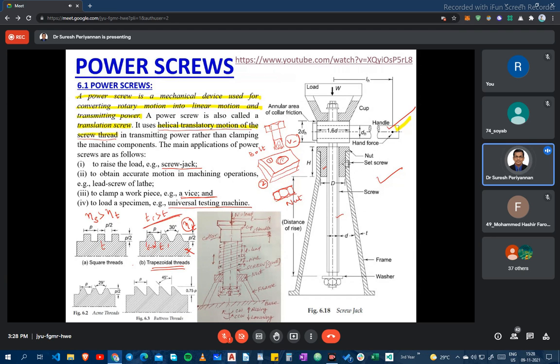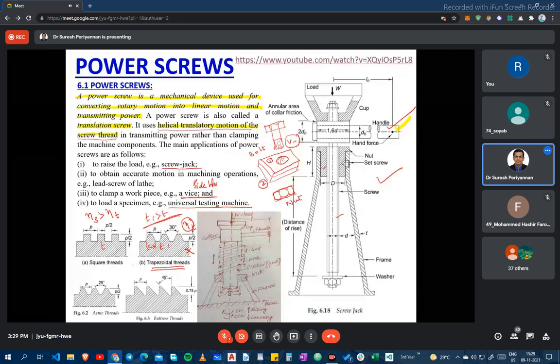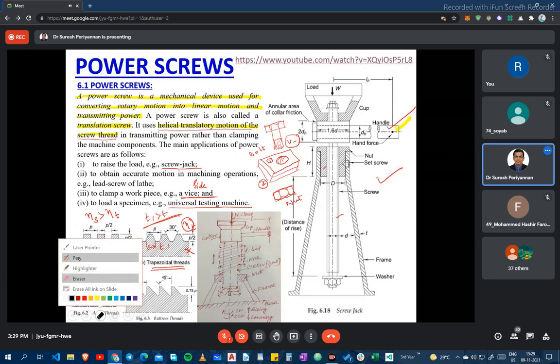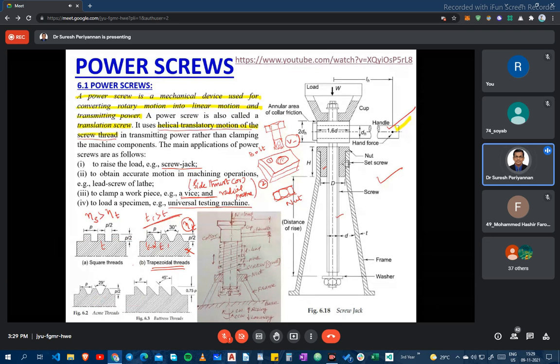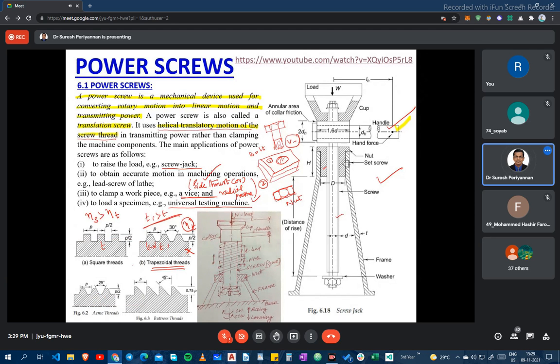Side thrust or radial pressure cannot be avoided in trapezoidal-shaped power screws.